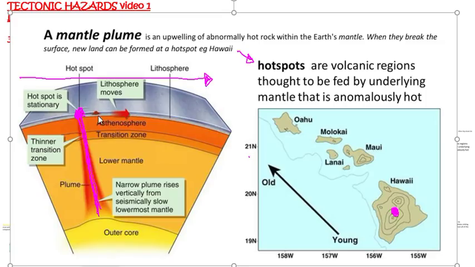What you're going to get is a series of islands, all in a line. And that's what we've got here with these Hawaiian islands. So the oldest islands like Oahu, then the next youngest, Molokai, then Lanai, then Maui, then Hawaii. And that's because the Pacific plate is moving northwest.